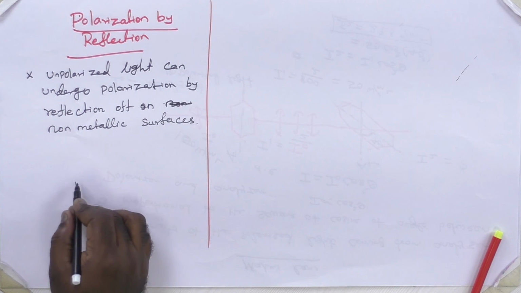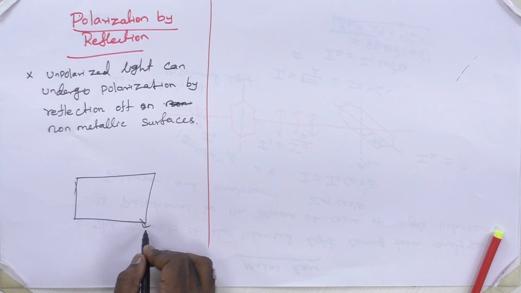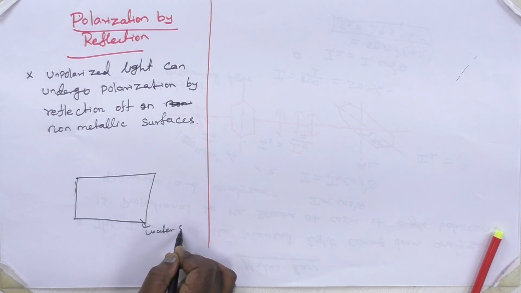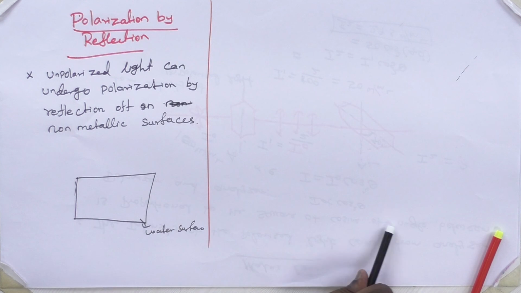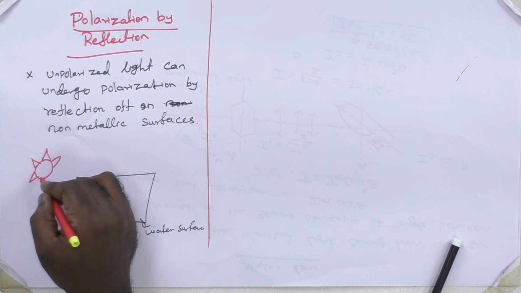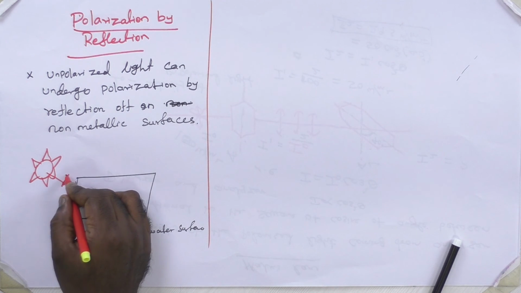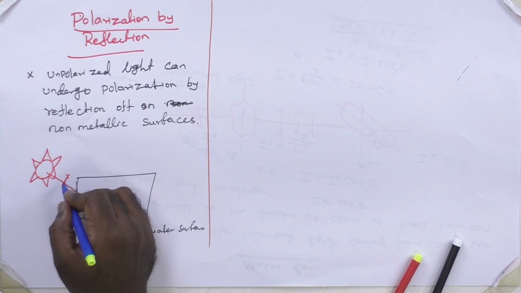See for example, here this is a water surface, which is non-metallic. The light radiation from the sun is incident here, and it is unpolarized light.